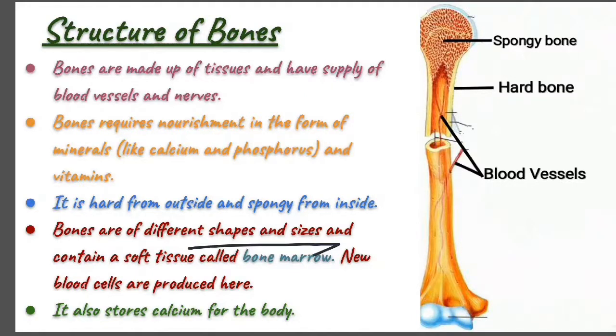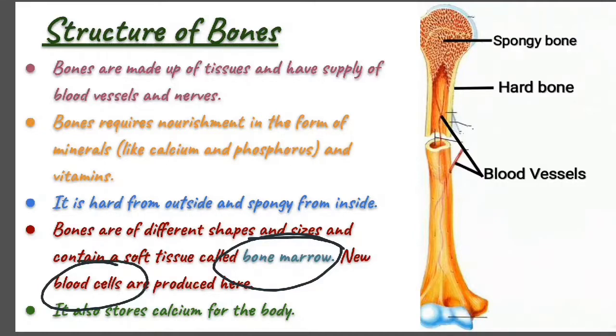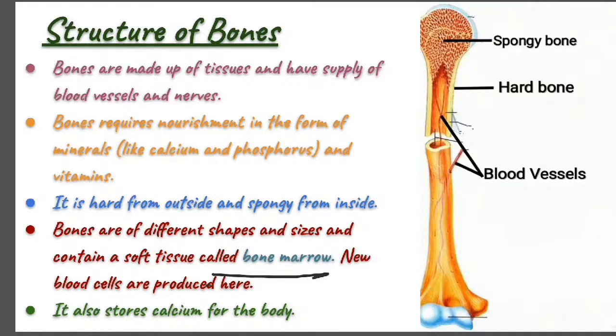Just remember this word, bone marrow. Bone marrow is a soft tissue which exists inside our bones, and it is a place where new blood cells are formed and generated. It is a very important part of our body which produces our new blood cells.